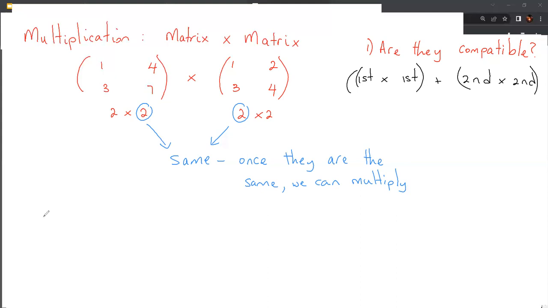All right, so what does that mean? They gave you a pair of matrices. We saw that they are compatible, that we can multiply them. In matrices, it's always row by column, row by column, row by column.